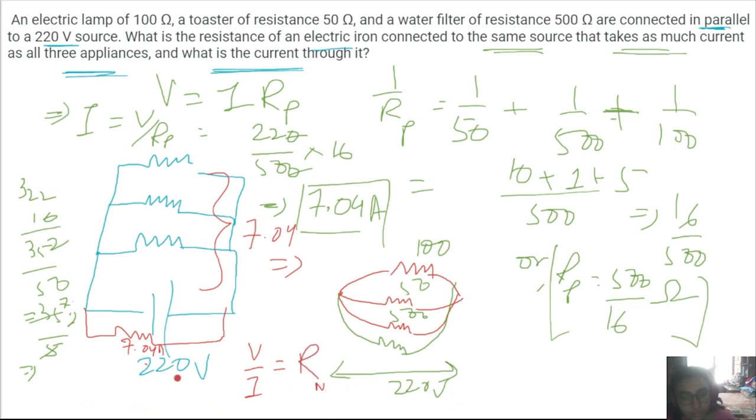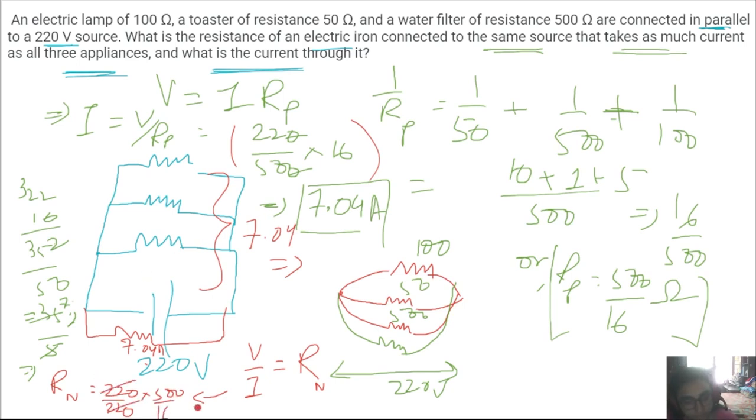So this is coming to, just do it here, Rn is 220 divided by, if we just take the fraction of here, then it was 220 into 500 by 16, right?